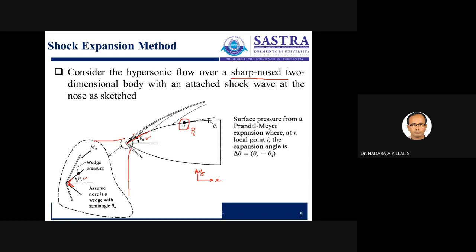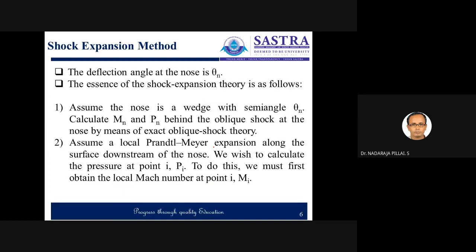Here, let us say Pn is the pressure near the nose, and Mn is the Mach number at that location. The nose makes an angle theta n, and we know the overview of the flow over the body. The deflection angle at the nose is theta n, that we know.